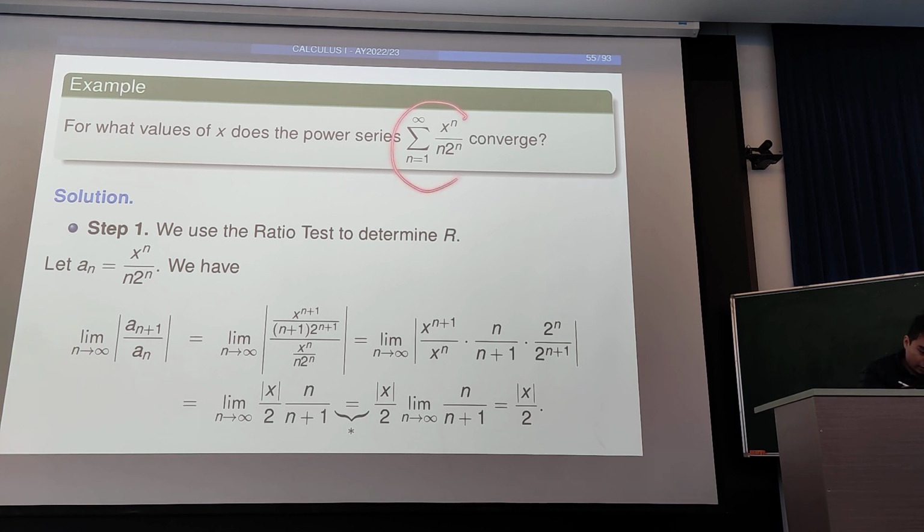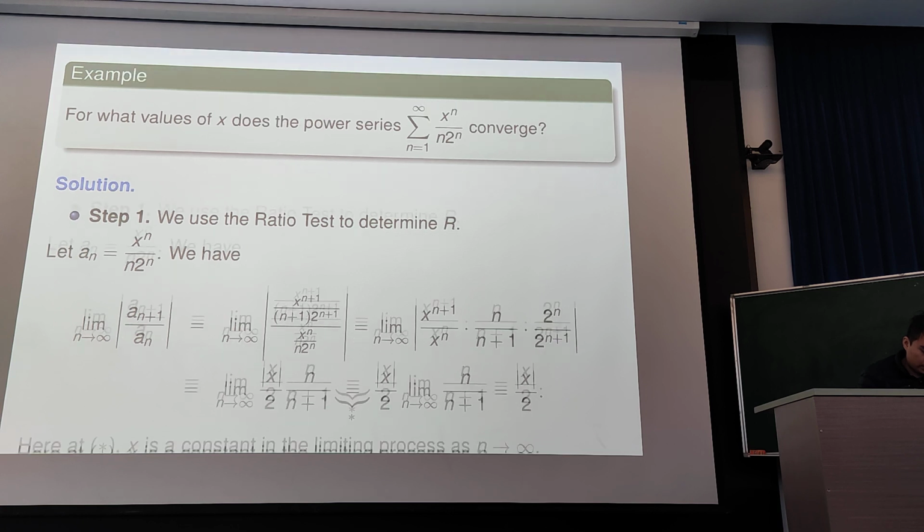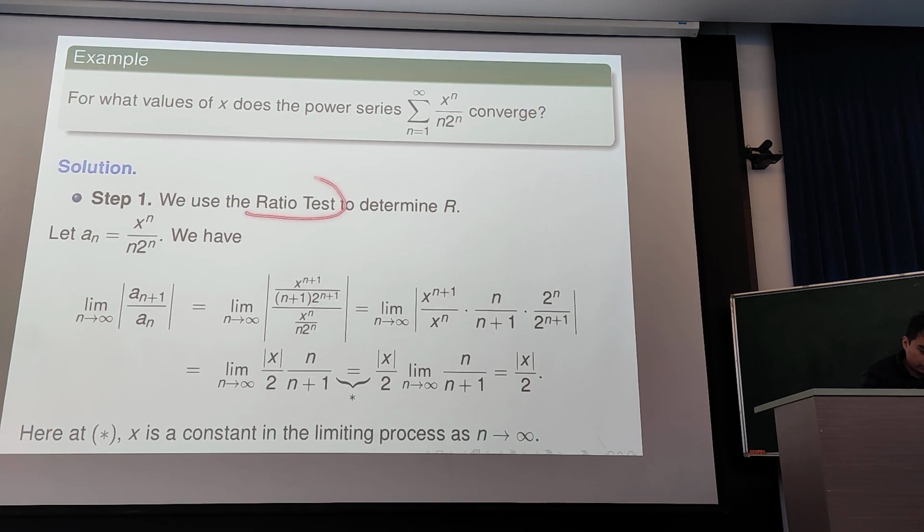Let's observe this series as a normal series of numbers, because we fix the value of x. Then you see with this type of element, we should use the ratio test or the root test, right? So let's use the ratio test to determine the radius of convergence.